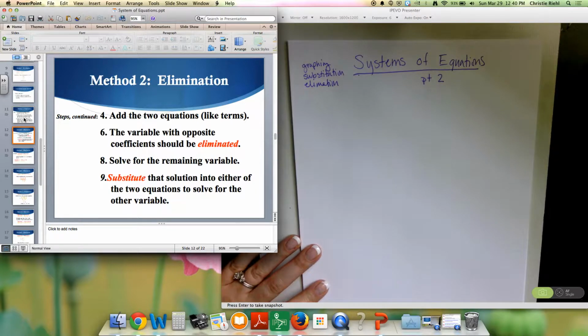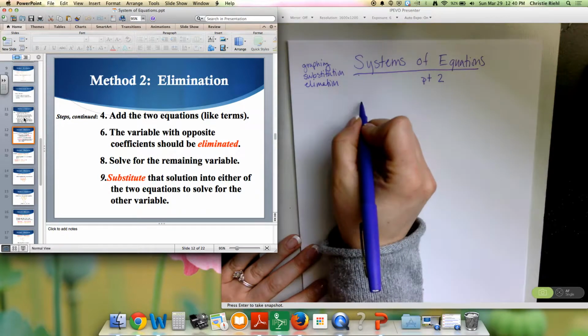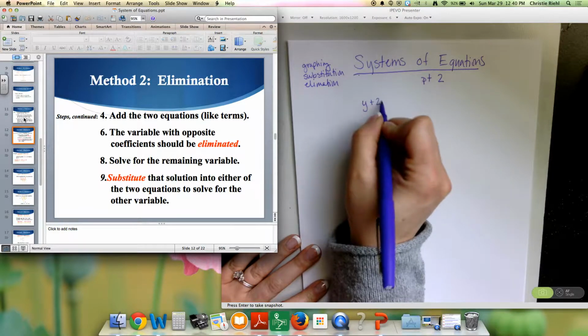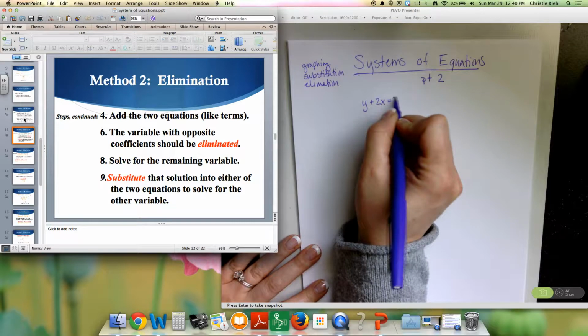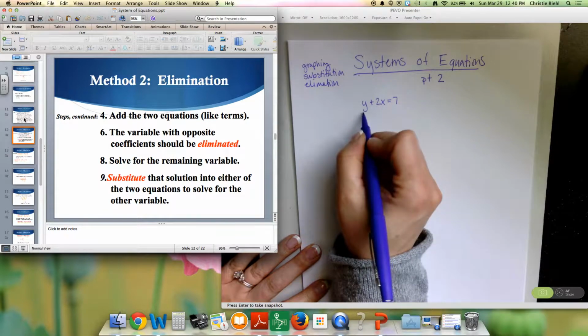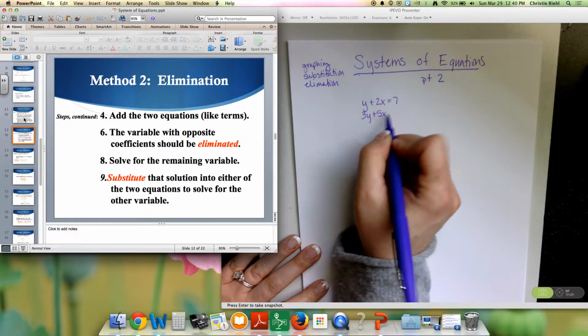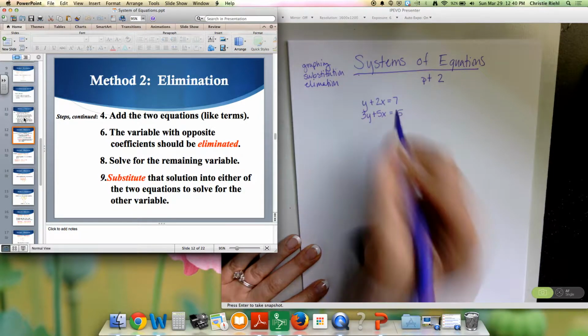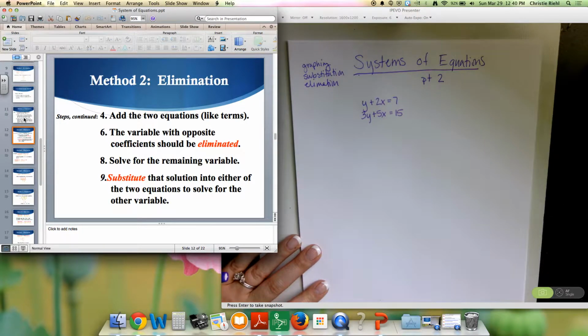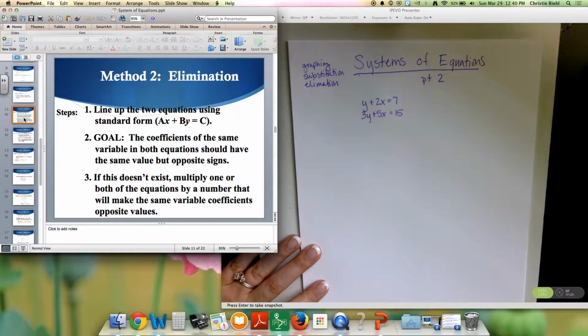So if I had, let's go back to our first problem we had. If I had y plus 2x is equal to 7, and 3y plus 5x is equal to 15. Okay? So here I don't necessarily have this in that standard form, the ax plus by equals c.